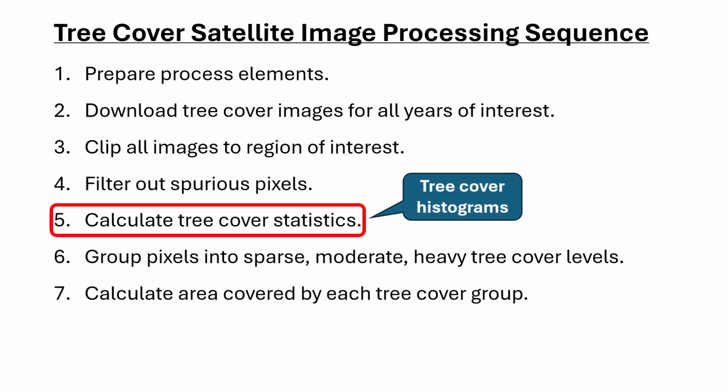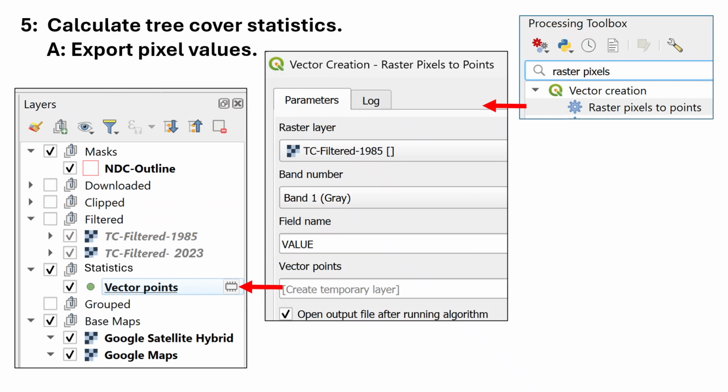Our next step is to use the filtered rasters to calculate tree cover statistics, which we will use to create tree cover histograms. We will use the raster pixels to points tool to calculate statistics. We'll be creating a temporary layer to contain pixel values as a vector points layer.